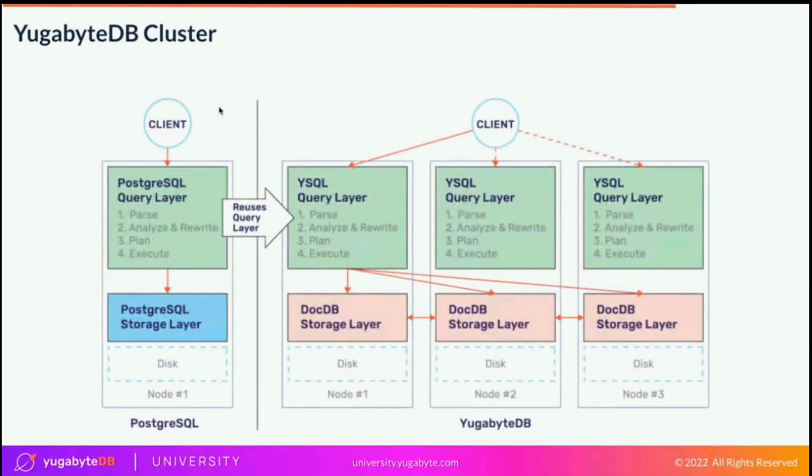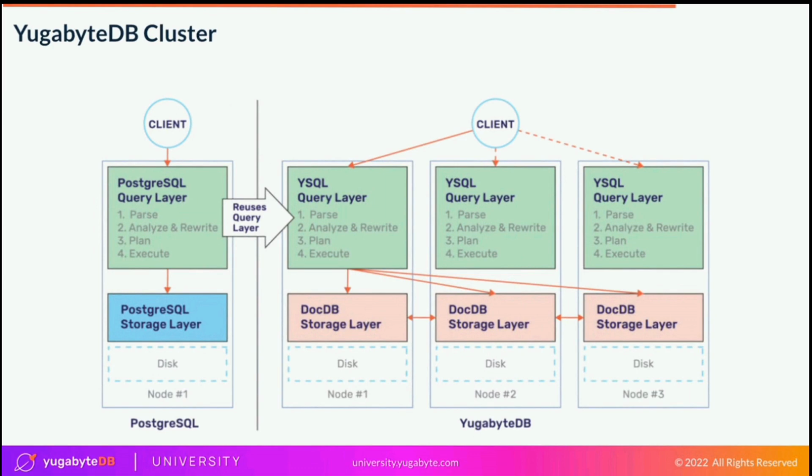What we do in terms of the YugabyteDB architecture, when we create a cluster, right, we reuse that PostgreSQL layer. And that's really where a lot of our magic comes into play. So we just enhance that PostgreSQL layer and then do our rewrites for a customized document store, which is called DocDB. So a client can talk to any one of the nodes in the cluster, and to the client, it's basically saying, hey, I'm using PostgreSQL. For example, I was showing a JDBC driver for a Java application.